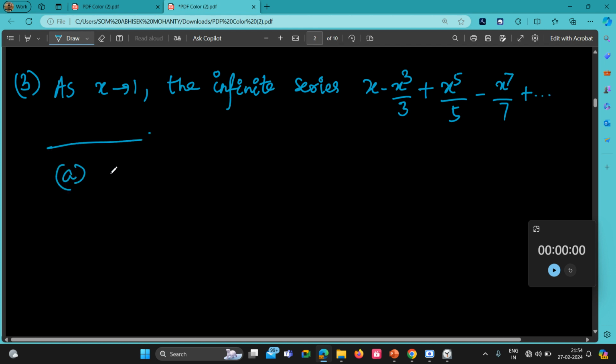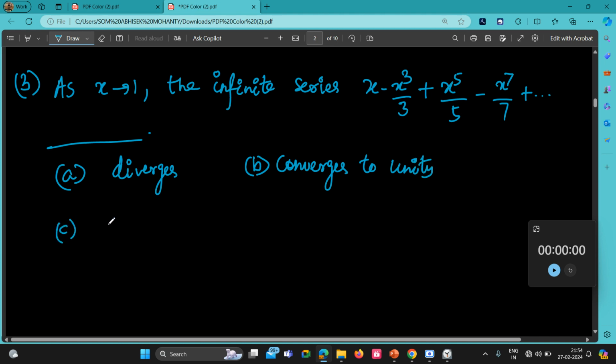Option A, diverges. Option B, converges to unity. Option C, converges to pi by 4. Option D, none of the above.